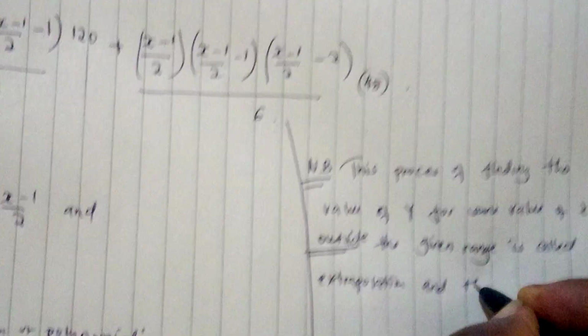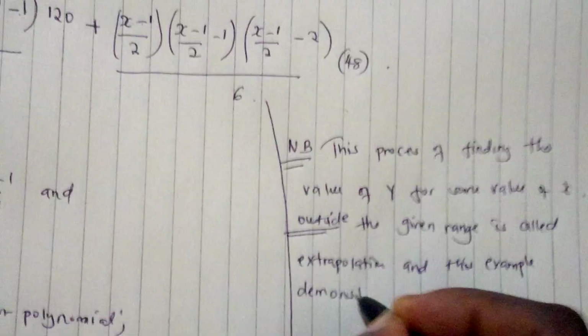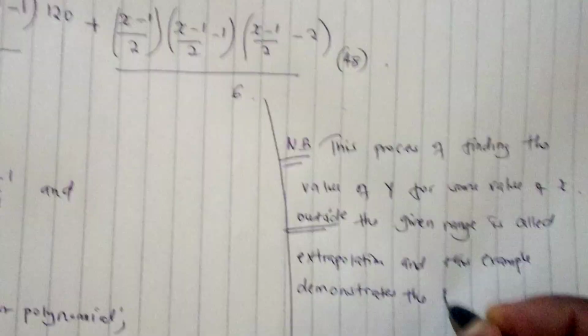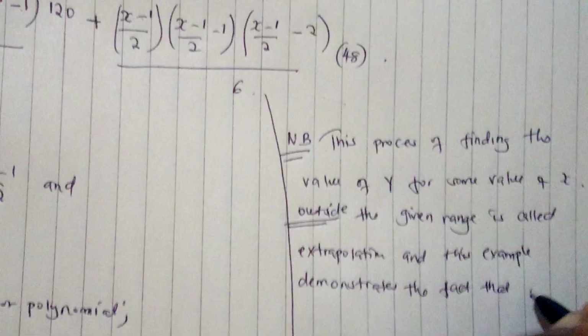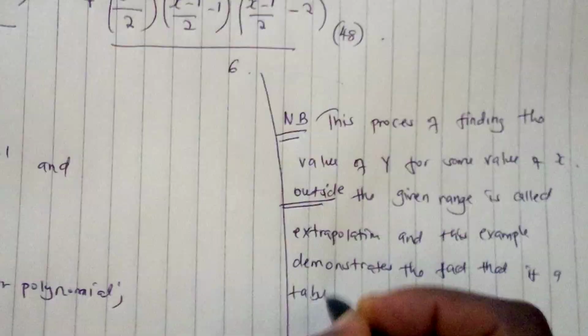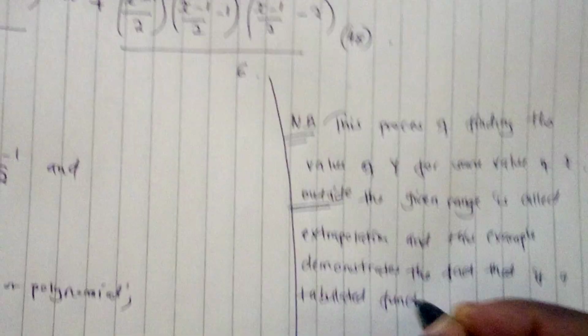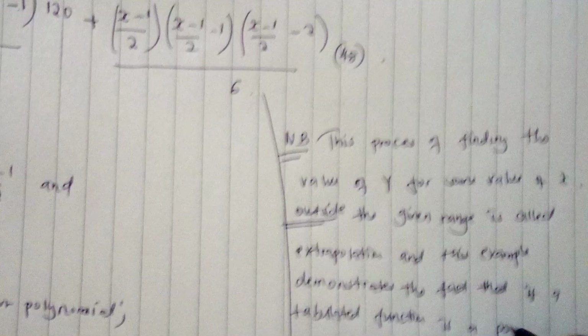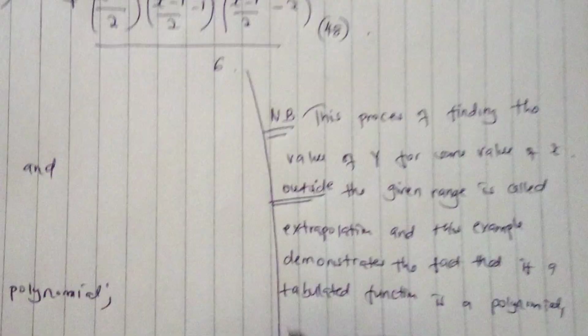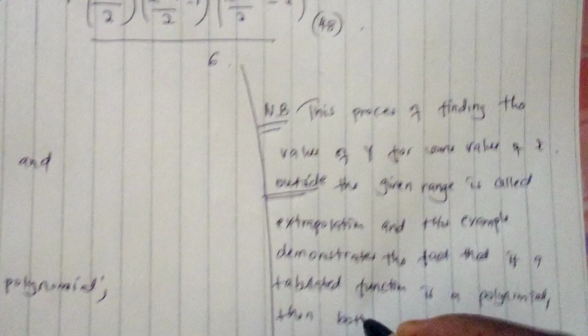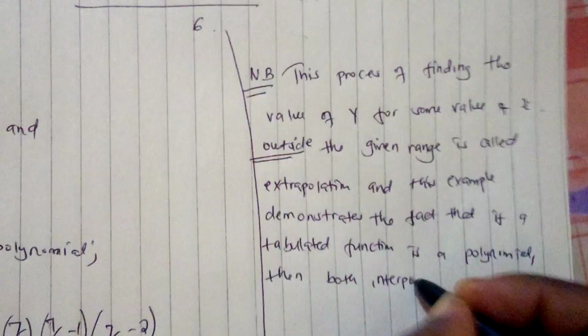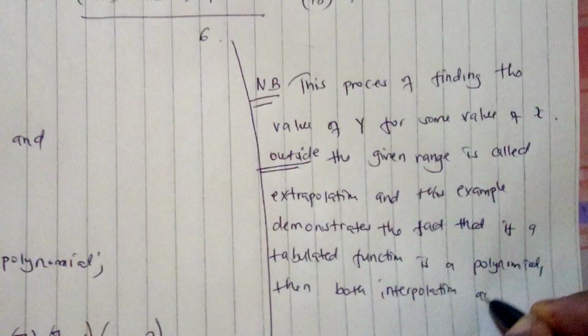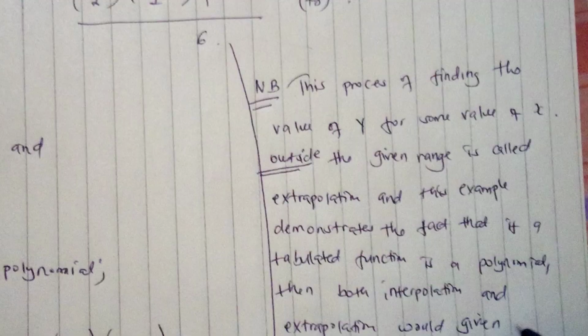And this example demonstrates the fact that if a tabulated function is a polynomial, then both interpolation and extrapolation would give exact values.